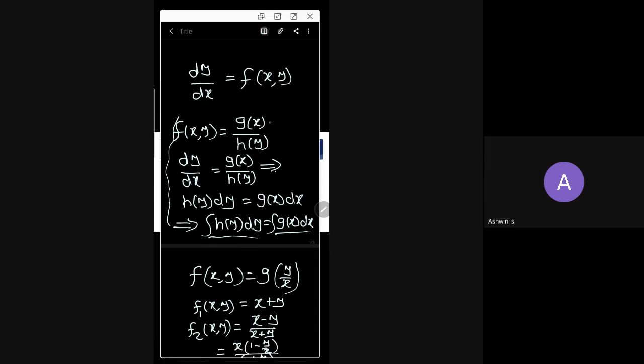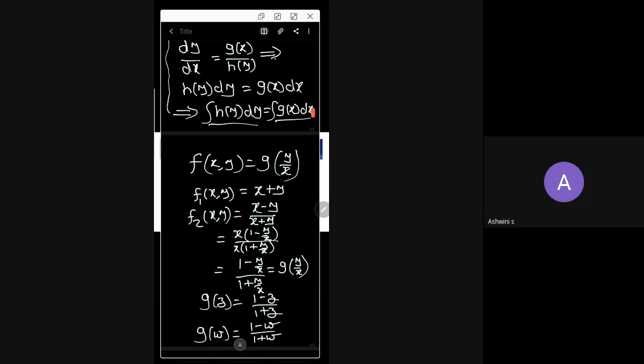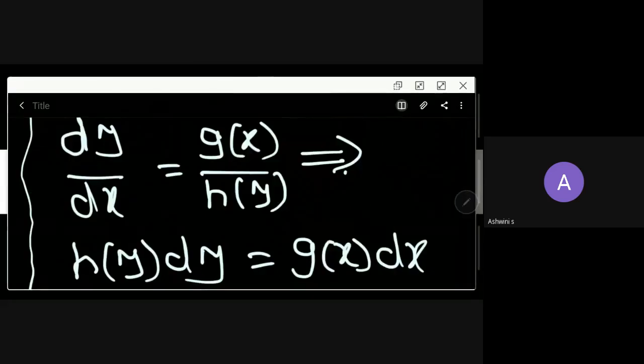First case means, see here, this is an important thing. Then the second case means this. This talks about the homogeneous equation. This gives the idea for the homogeneous equation.